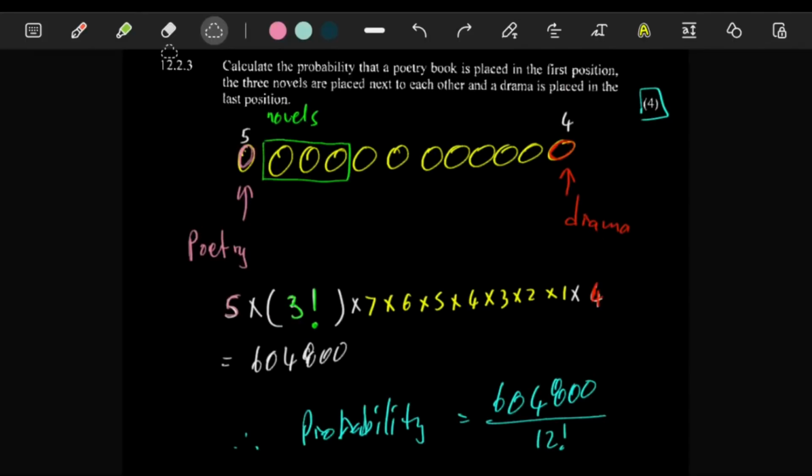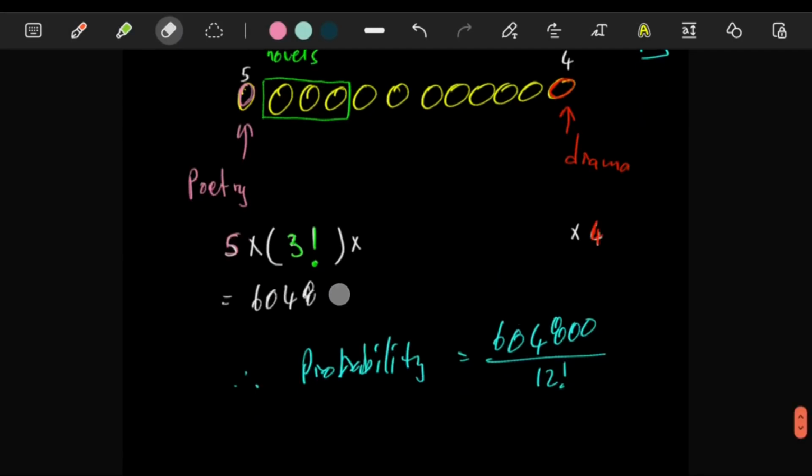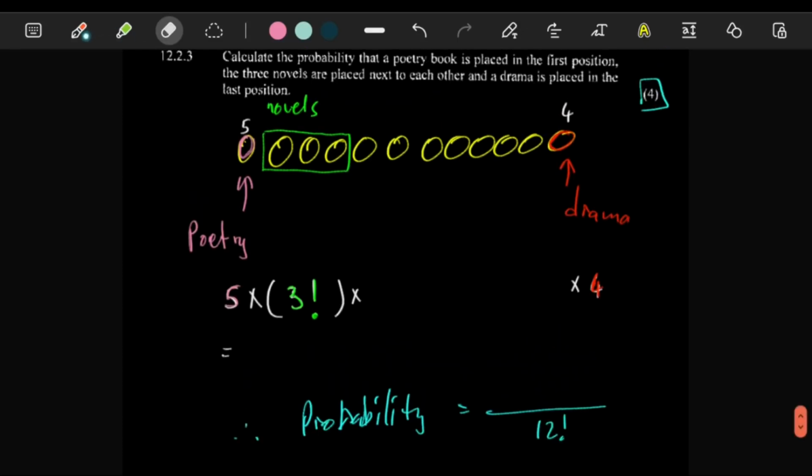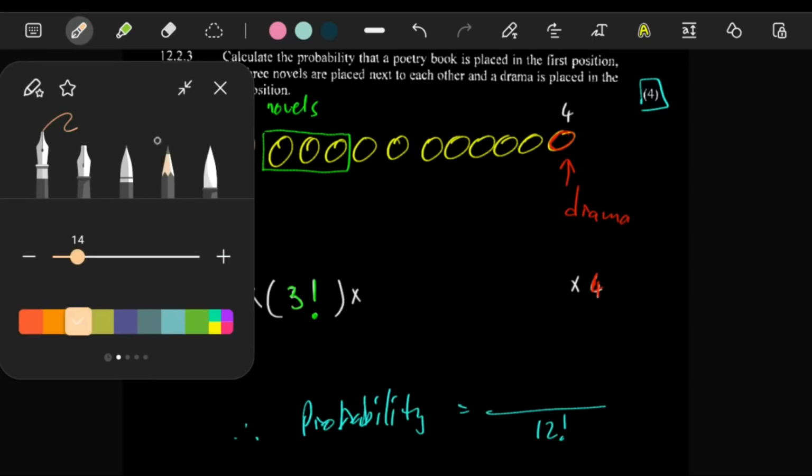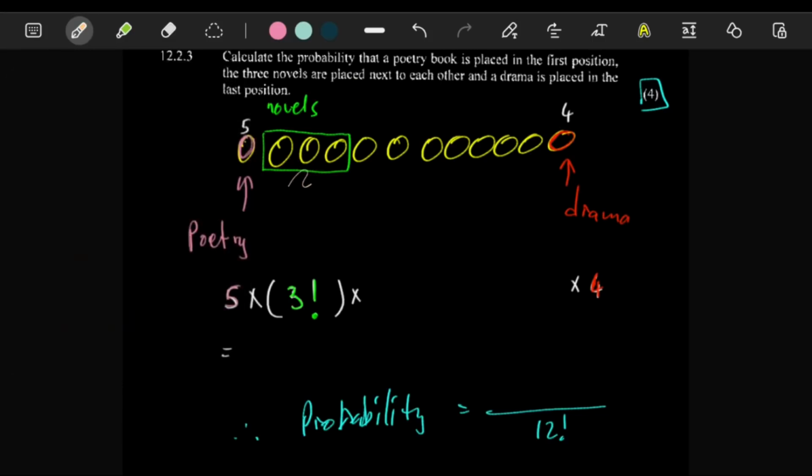Okay. I think I get it now. This middle part is what I need to correct. The reason I need to correct the middle part is because, if you look at the middle on its own, you technically have 1, 2, 3, 4, 5, 6, 7, 8 objects that can be arranged in 8 factorial ways. And then these can be arranged in 3 factorial ways.